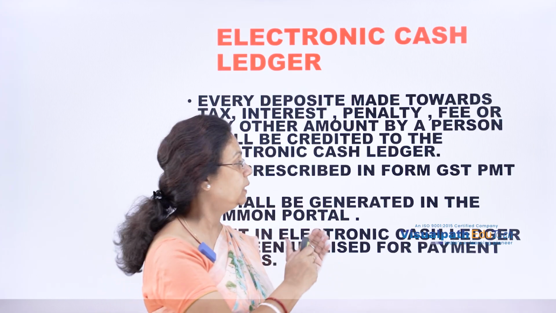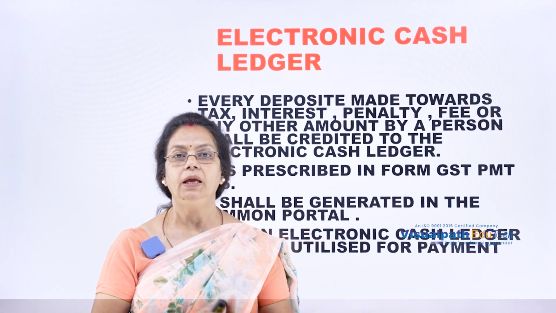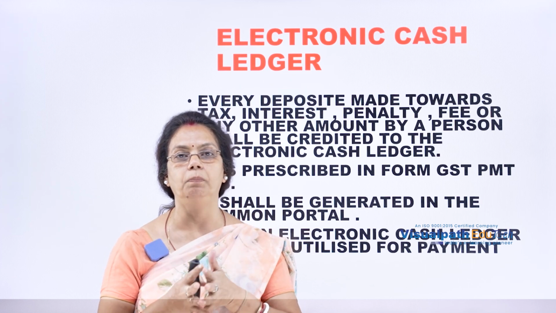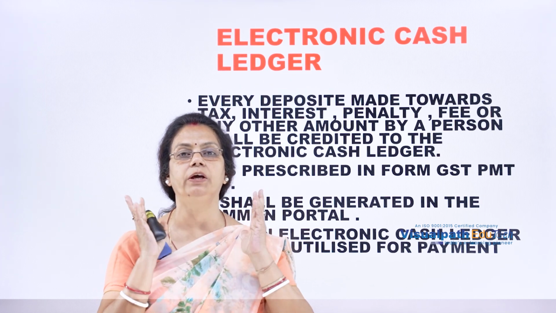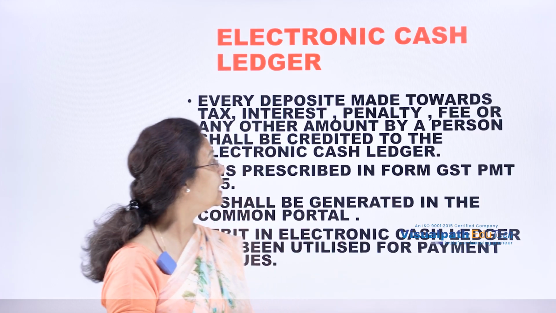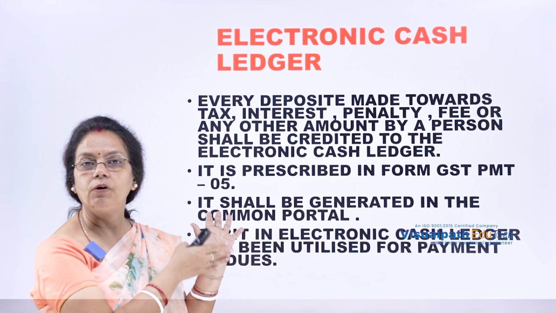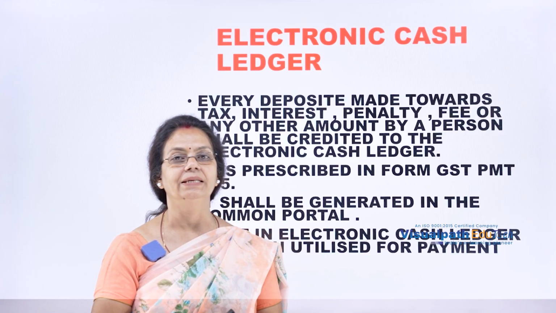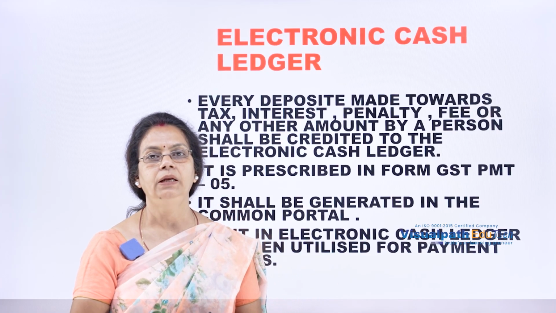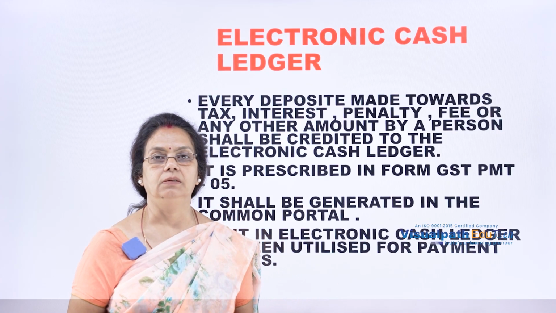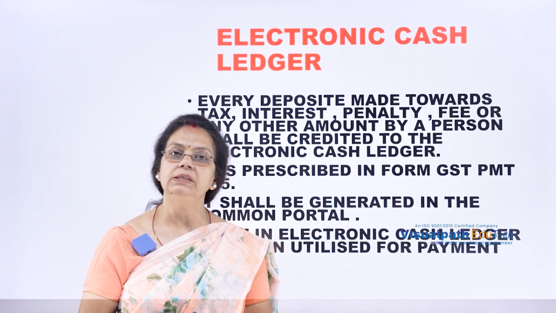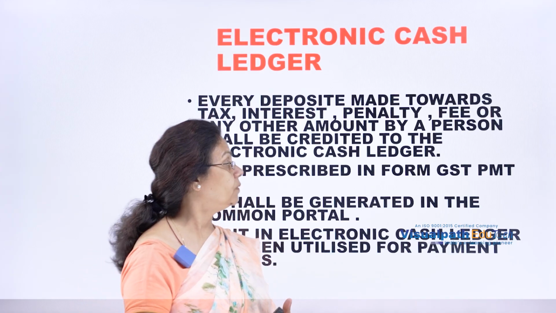Same case with this portal also. If the GST authority receives any amount of money by way of penalty, fees, tax, or interest, it shall have to be credited in the cash ledger. It is not debited because we have already received the amount. Once we receive the amount, it is always credited.